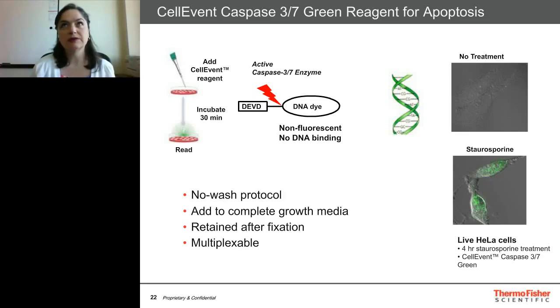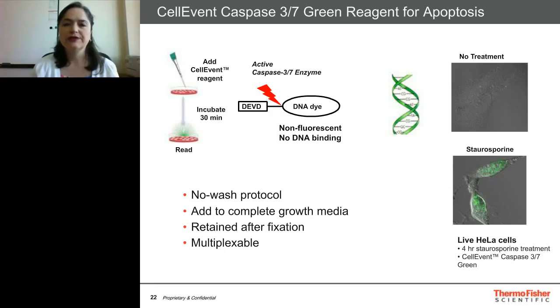So in the next slide, we're going to explain a little bit about indicators for apoptosis, which is another particular way that cells can die, through an apoptotic pathway. CellEvent Caspase 3/7 is a reagent that is dark, it has no fluorescence, until an enzyme in the apoptotic pathway, Caspase 3/7, is activated. When that happens, it cleaves a peptide off of this dye, which is a DNA dye, and the dye is then free and able to bind to DNA.